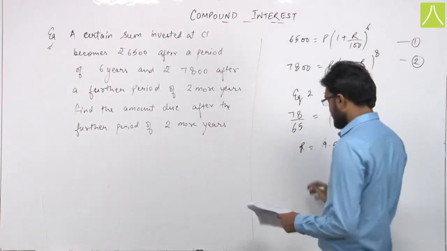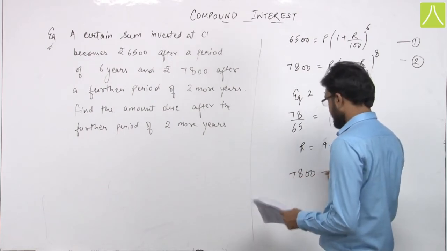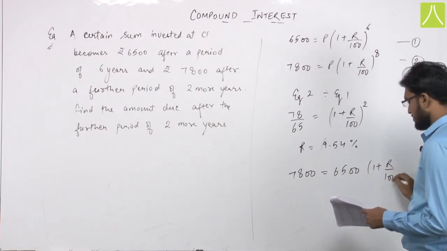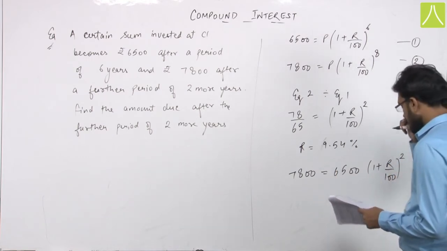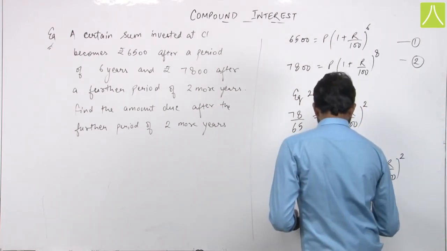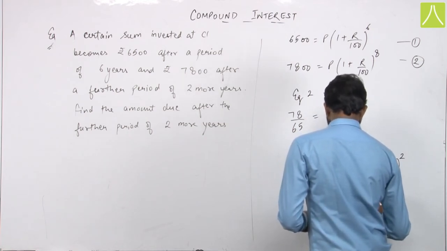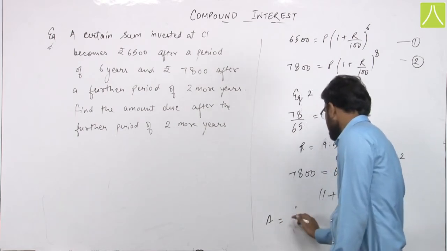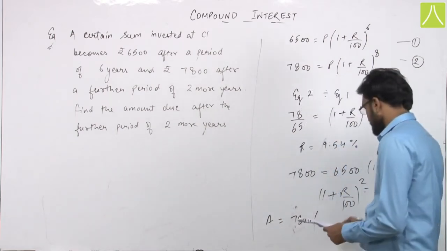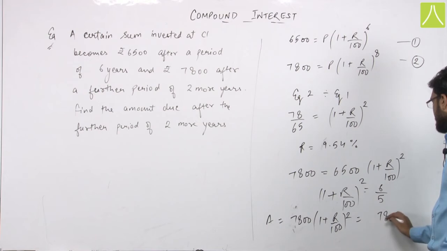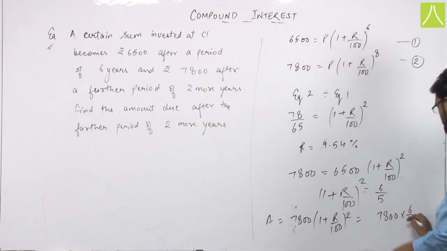For a further period of 2 more years, the amount will be the principal 7800 into 1 plus rate upon 100, whole square. Using this, 1 plus r upon 100 whole square equals 6 divided by 5. Substituting the value, the amount becomes 7800 into 6 upon 5, which equals 9360.